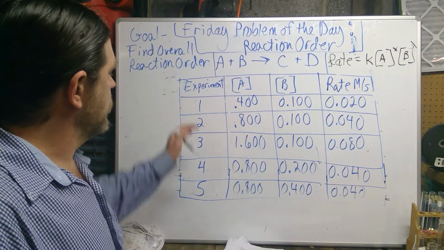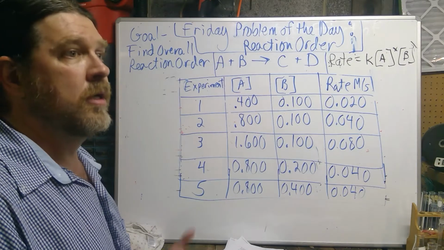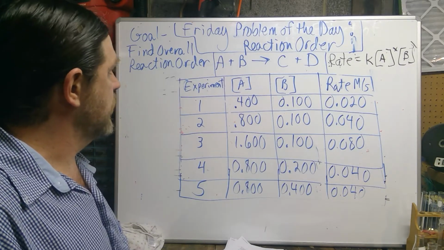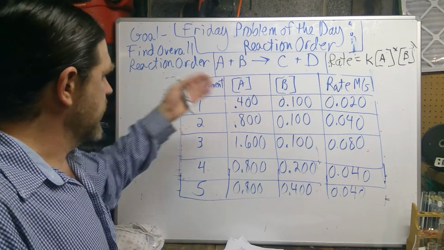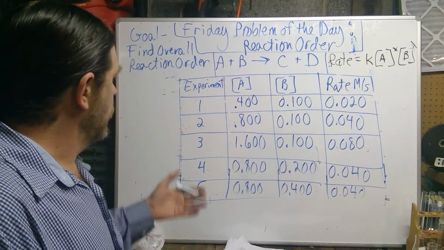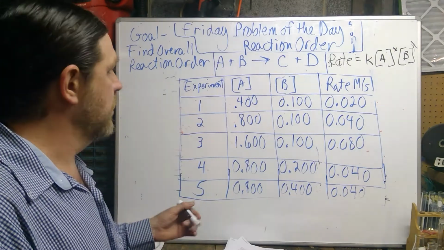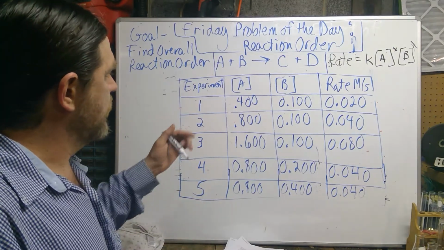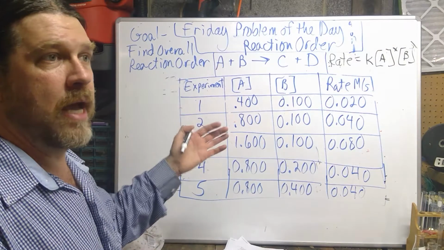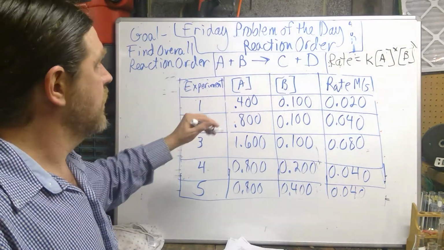What we do is we first take a look at experiment 1 and then see how, say, experiment 2 compares to it. And as you can see, we have a change here in A. Then down the road, we may see how 2 and 3 compare, or 2 and 4 compare. And so those trials may validate the data that you got at the first comparison or not.